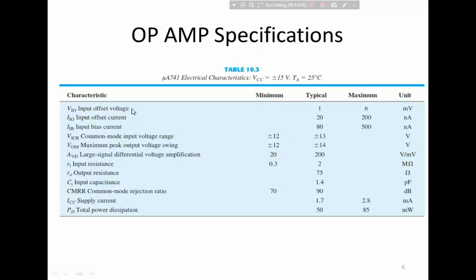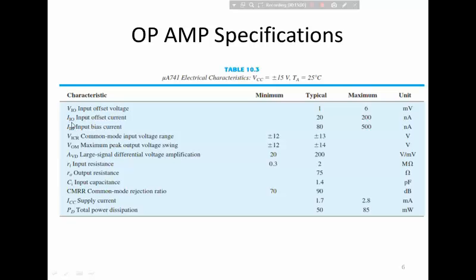It is to ensure that there should not be any output voltage due to the zero input at the op-amp. That is, when you are not applying any input, output should be zero.